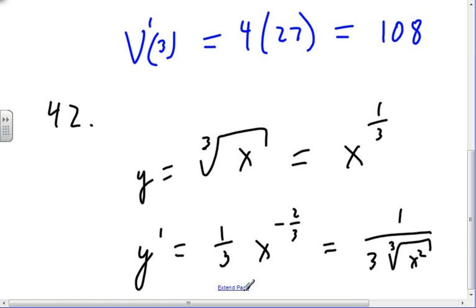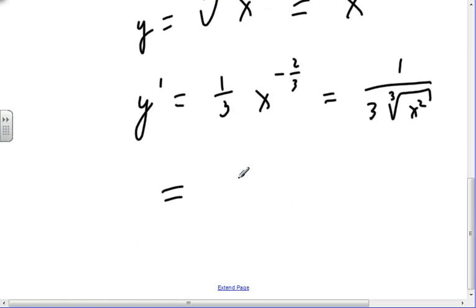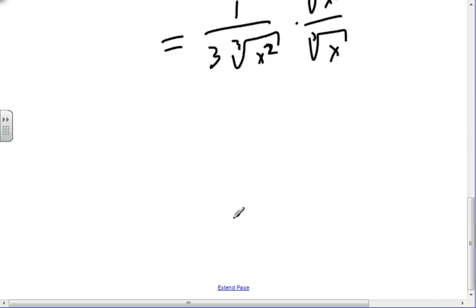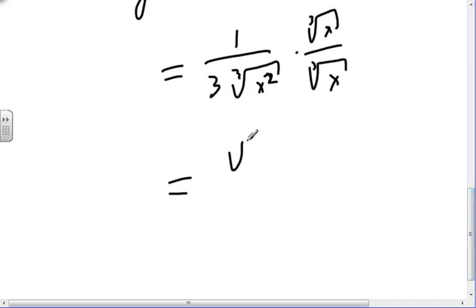And then I'd say, well, I don't want a radical in the denominator. You know, I wasn't born yesterday. I can't have that. So I'm going to multiply top and bottom by the cube root of x. And then finally I get a final answer of cube root of x divided by 3x.